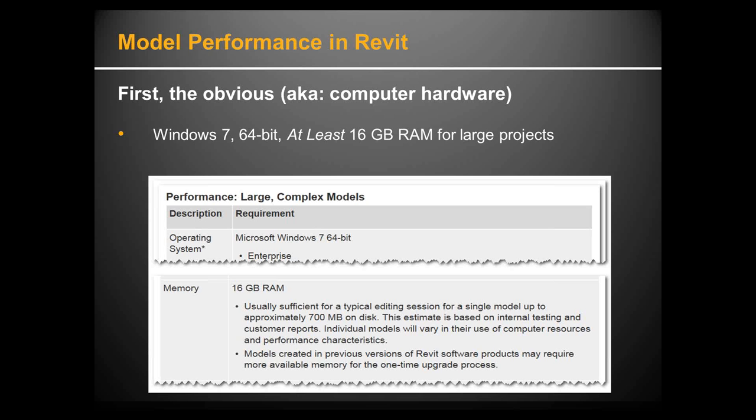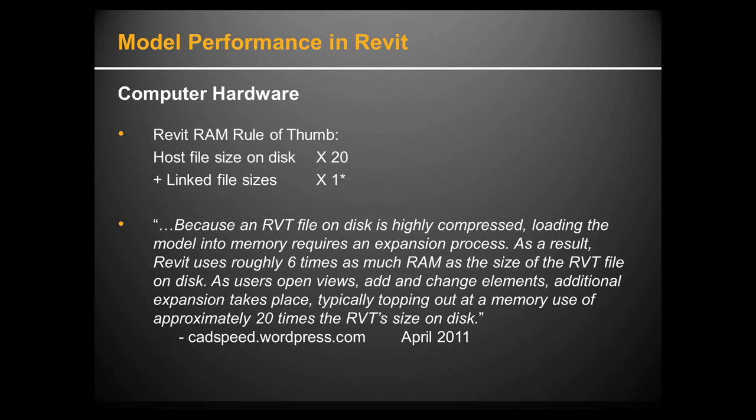Anyway, so I ran across this recently, our Revit RAM rule of thumb. That's what I called it anyway. And I found two sources online. And this one I found on cadspeed.wordpress.com. It is a couple years ago now, but the way Revit works is going to be basically the same, but your files might be a little bit bigger.